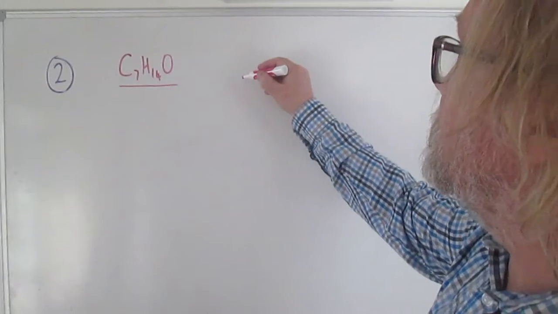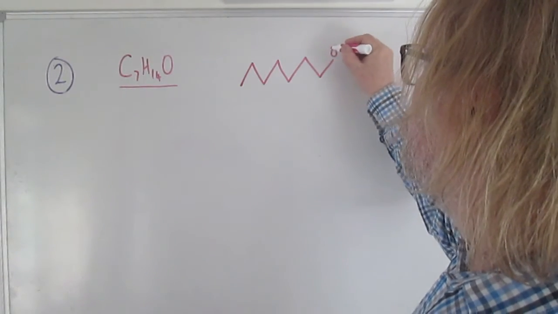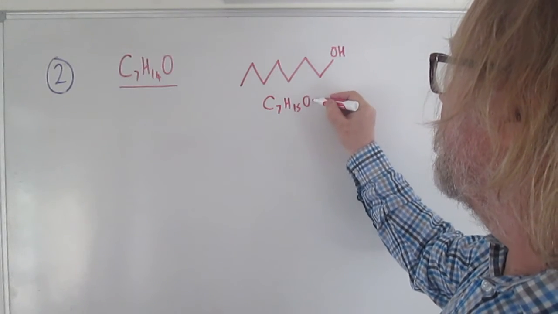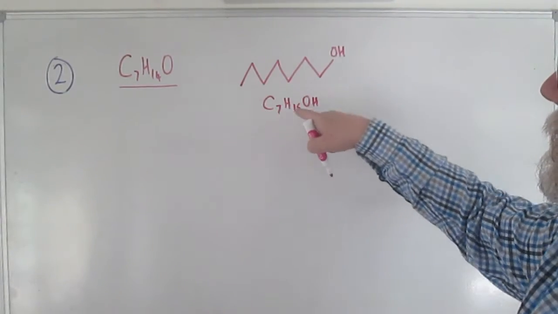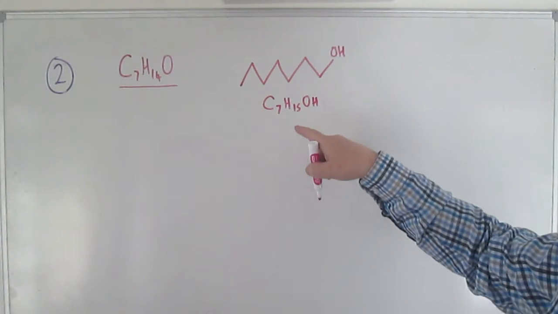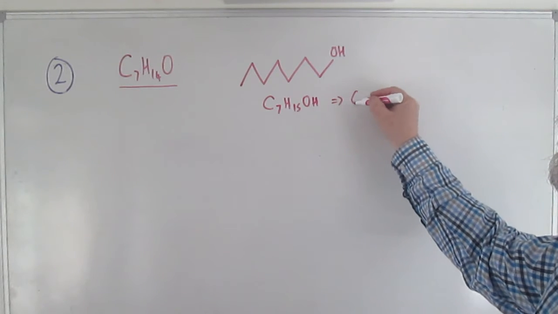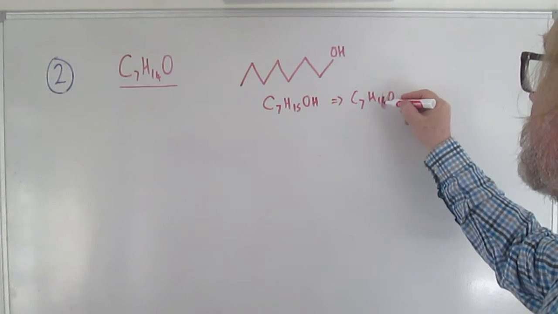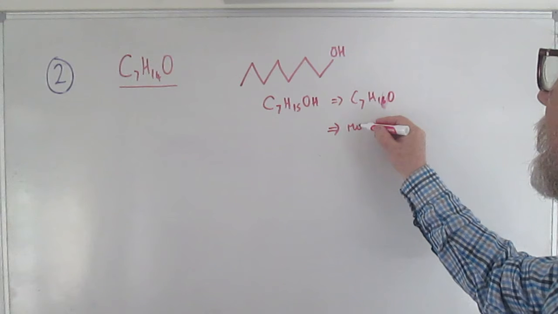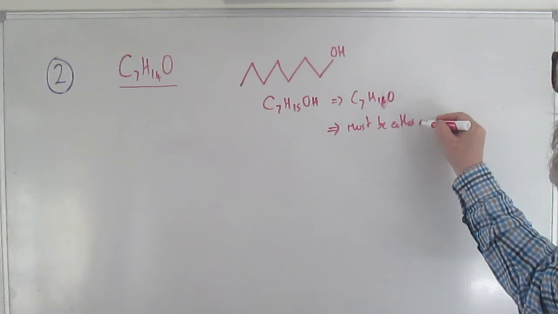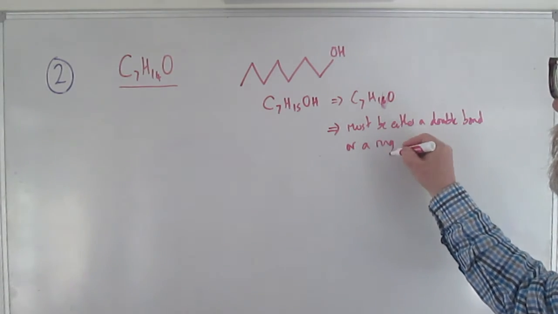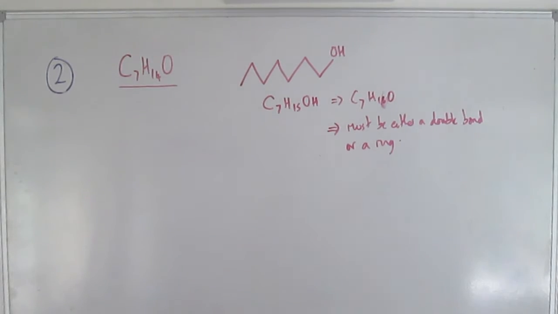You know, so for example, if it was something like C7H15OH, if it were just a simple saturated alcohol, it would be C7H16O, not C7H14O, and I think that's worth commenting on, because that means that there must be either a double bond or a ring to account for the fact that there are 2 fewer hydrogens than you would expect for a simple alcohol such as that.